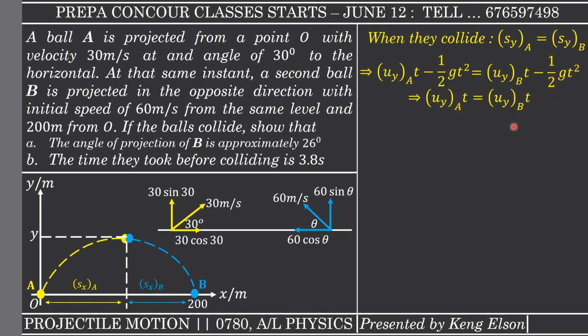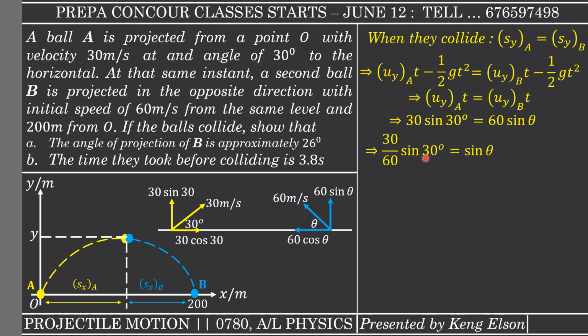From here, t is going to cancel, and you realize that the initial velocity in the vertical direction for ball A is 30 sine 30, and for ball B is 60 sine theta. So we can divide both sides by 60, and 30 on 60 is half.